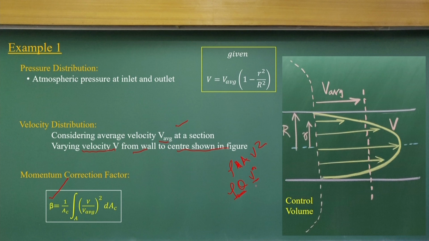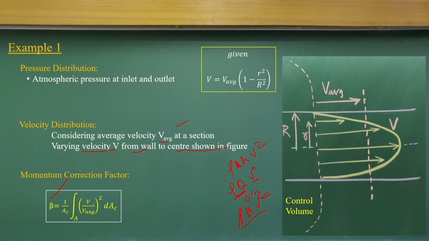If rho is constant and does not vary, it will cancel out, and then you will have V squared by V average squared, by dA c. Please remember this very simple concept: the momentum flux is rho Q V, and if I substitute Q equal to A V, then it is rho A V squared.